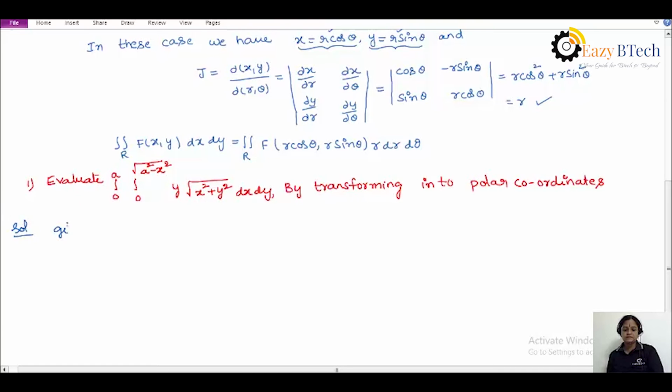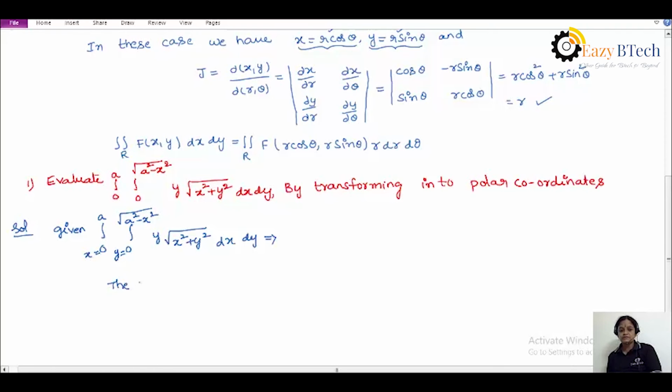It was given that the integral 0 to a and integral 0 to root of a square minus x square, y into root of x square plus y square, dx dy. See here in the question, the first limits are functions of x, so these limits are y limits and these limits are x limits.